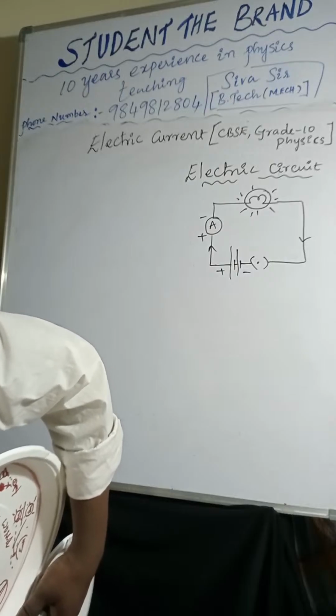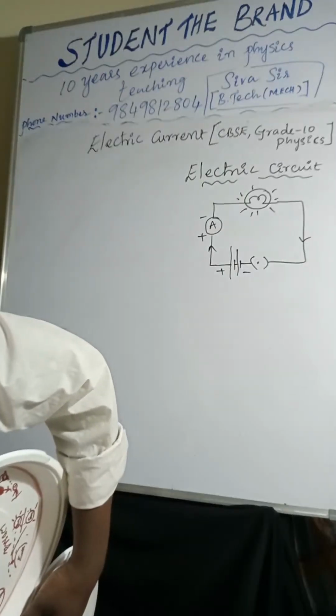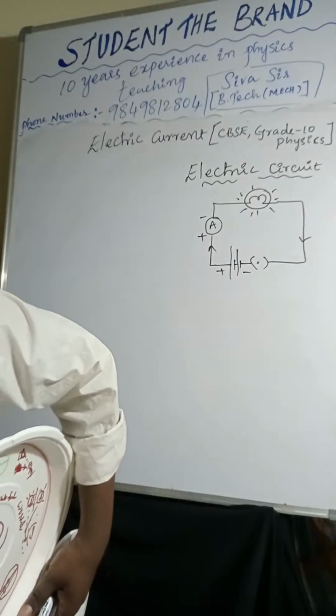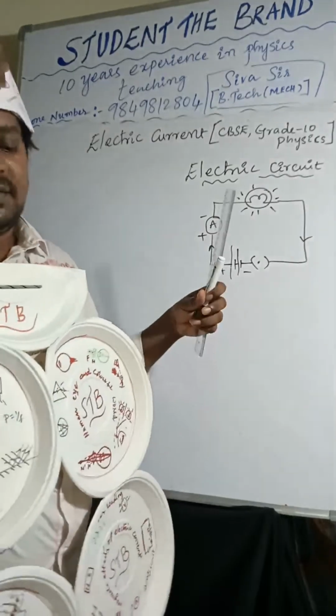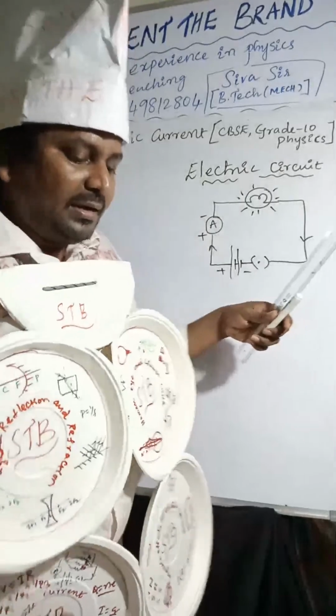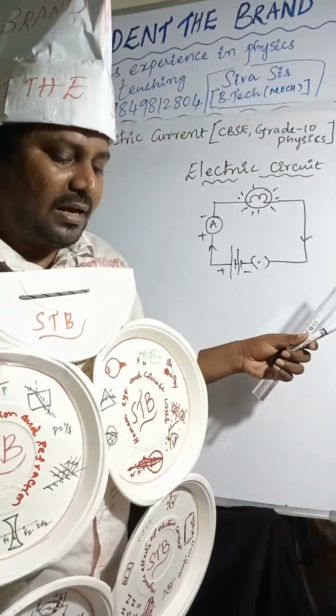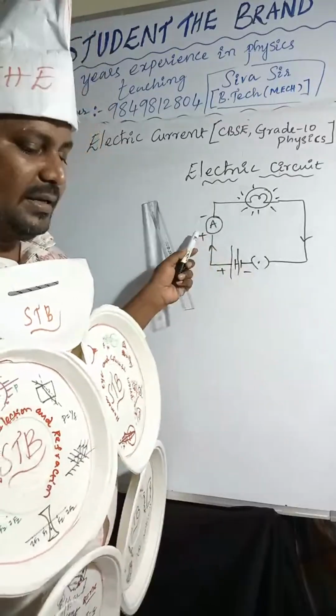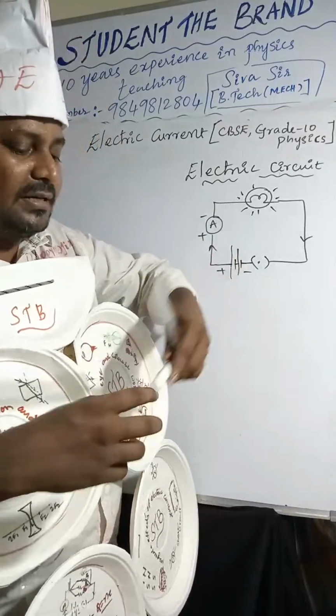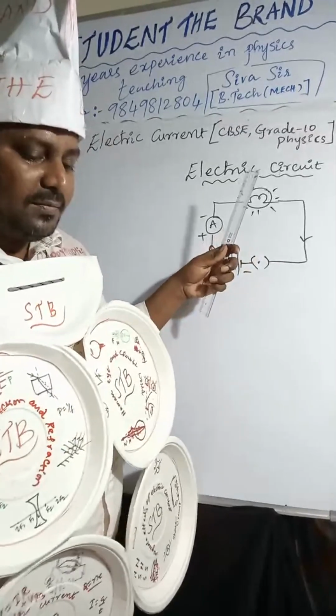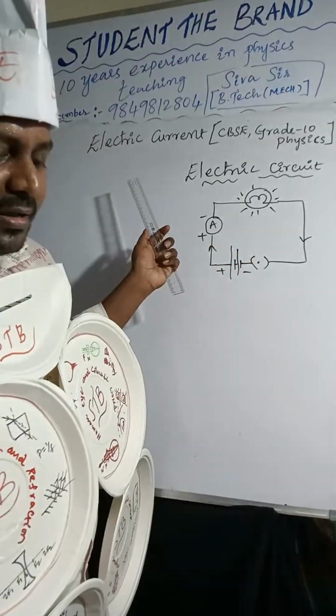So here I am considering now, a continuous and closed path of an electric current is known as electric circuit. Okay, so this is about electric circuit I am considering.